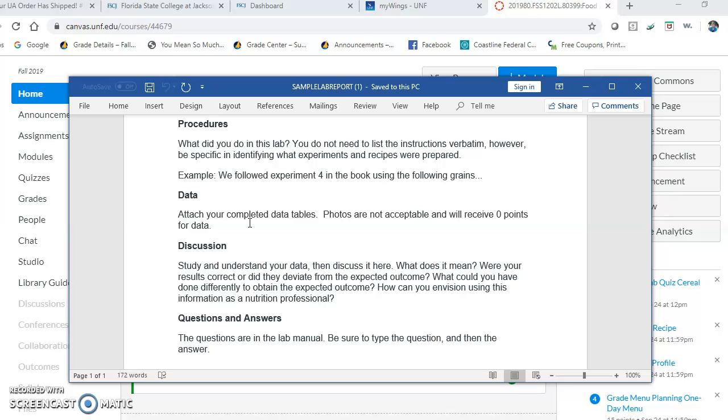So if you do submit the photos, remember that you will receive 0 points because they are not acceptable in this lab report. So you have to make your own data tables and either attach it or just enter it into the body of your Microsoft Word document.